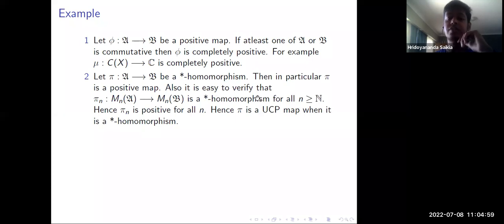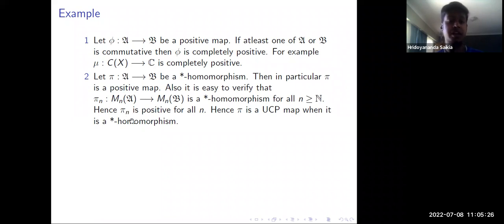Now we can also verify, it is a very easy calculation, that pi n on each level, which I can define from Mn of A to Mn of B, is again a star homomorphism if we start with pi to be a star homomorphism. So we know that whenever it is a star homomorphism, it is a positive map.